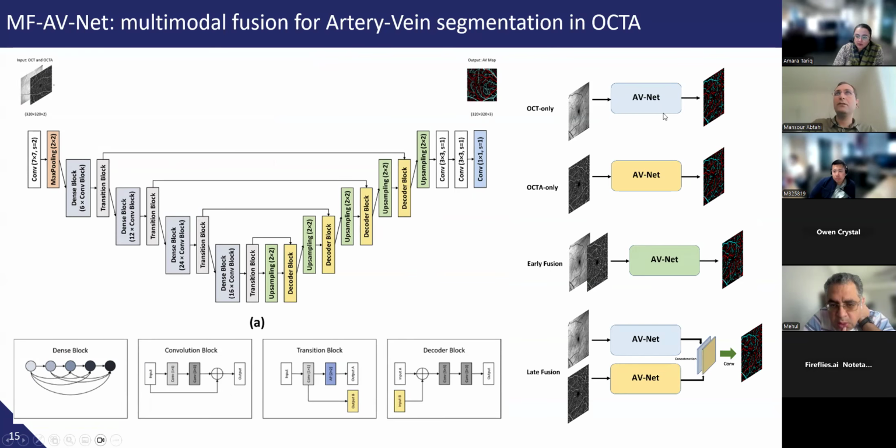One is an OCT-only architecture, and the other is OCTA-only. There is also early fusion of the OCT and OCTA, and late fusion of the OCT and OCTA, where after going through the AVNet, the outputs are concatenated, and then we use a convolution operation to extract the final AV map.